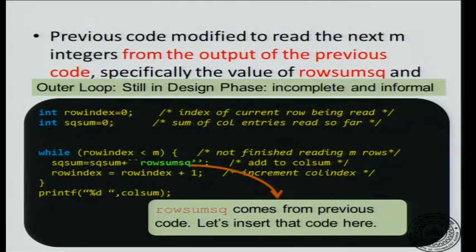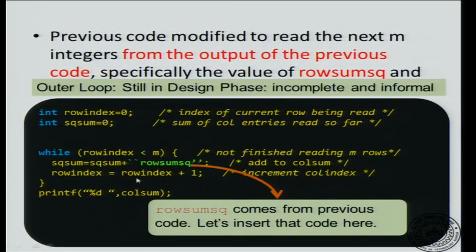Okay, so what we need is something like this. Assume that we have the output available from the previous code in some variable called row sum squared, and we need a loop over that, which is going from row index 0 to m minus 1 and tallying up all the numbers in row sum squared.